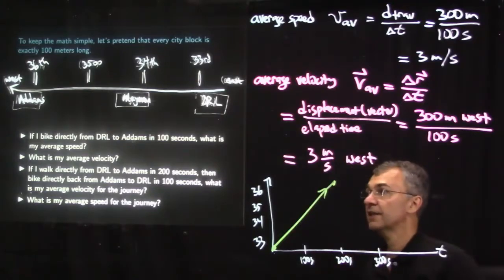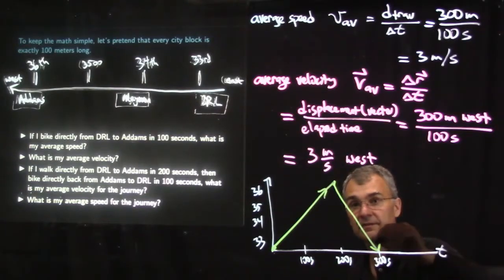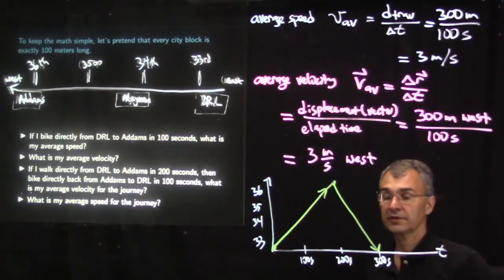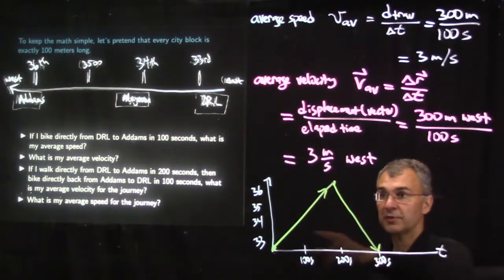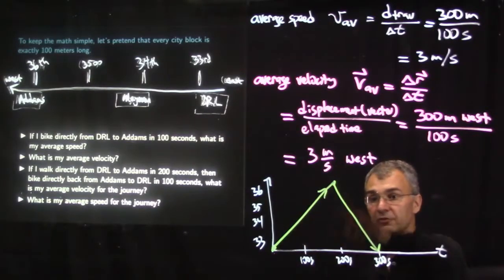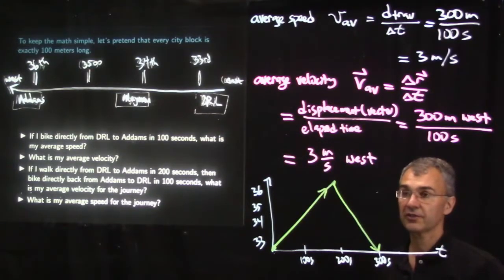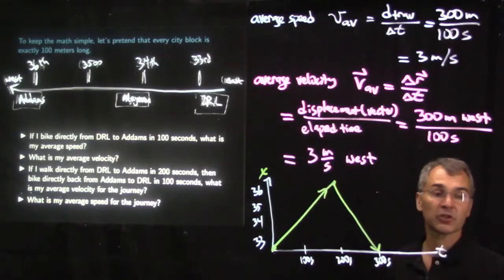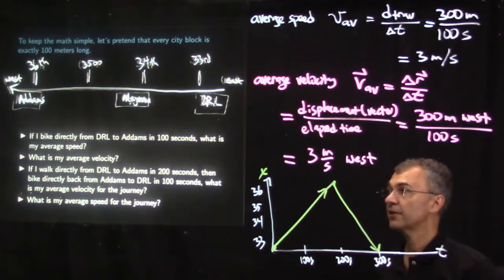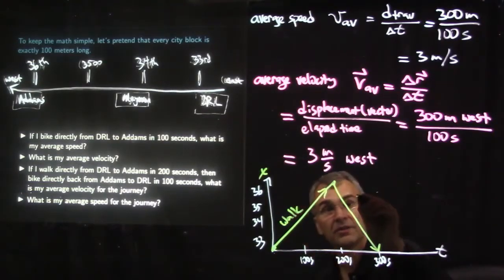That's my first segment. And then I'm biking back from Addams to DRL in 100 seconds, like that. It's a little hard to see, but the magnitude of this slope should be half the magnitude of this slope, because I've traveled 300 meters in 200 seconds here, and I've traveled 300 meters the other direction in only 100 seconds here. So that's what I did for x versus t. Maybe that was more complicated than we needed just to answer this question. So this is walking, and this is biking.